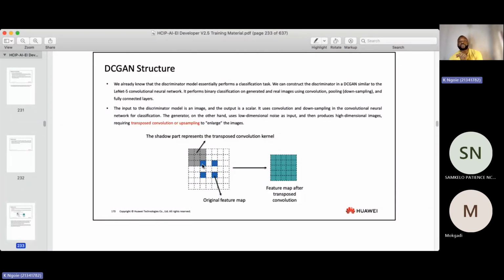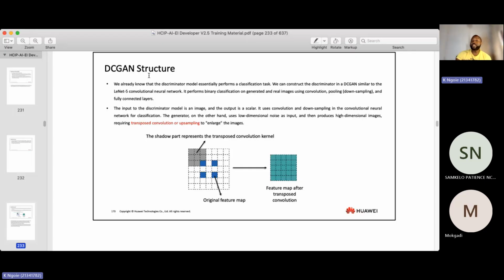Remember, the generator is supposed to take only random noise as input. So the DCGAN will have the input, which will be the random noise, and then it's going to have hidden layers.